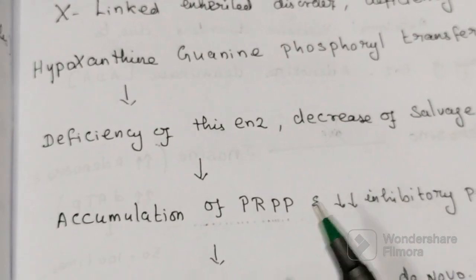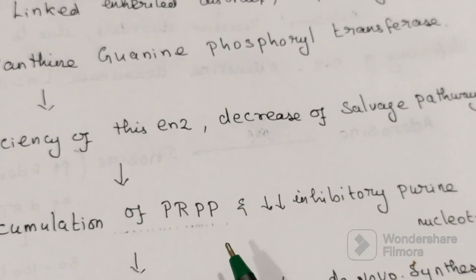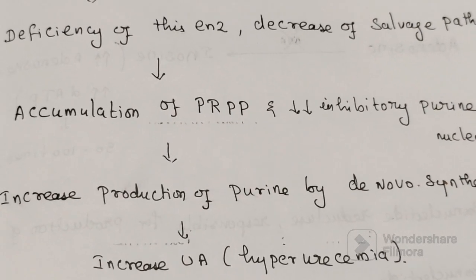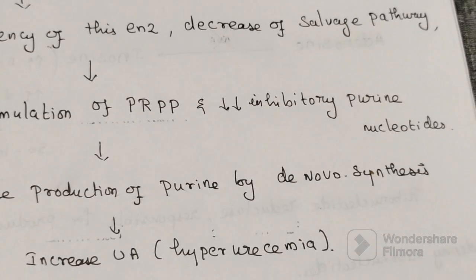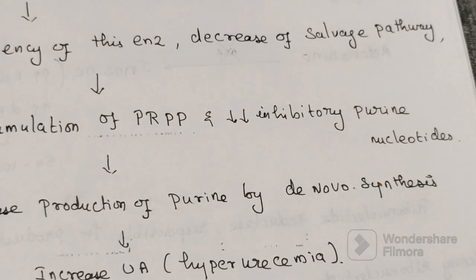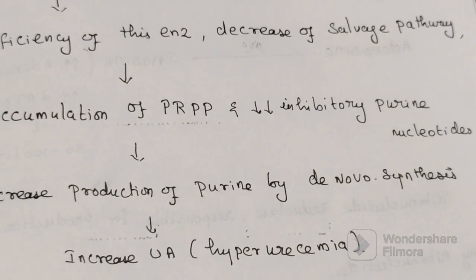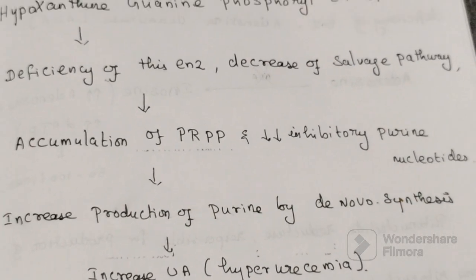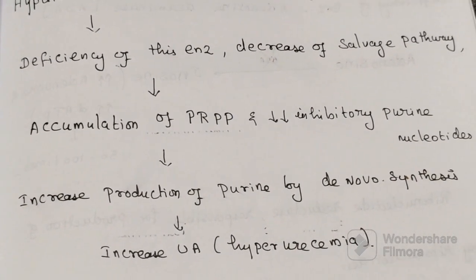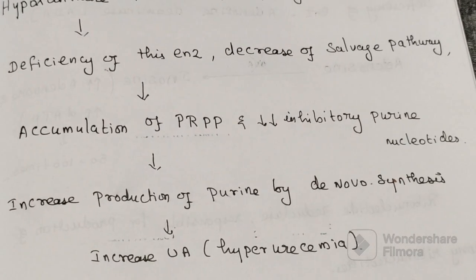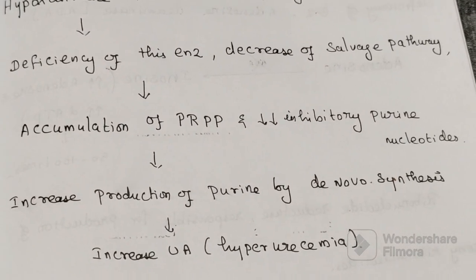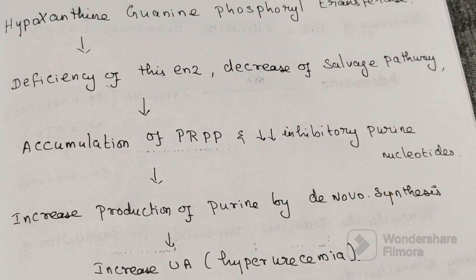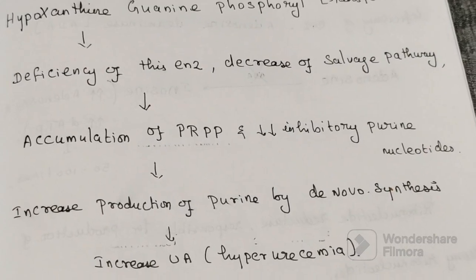So there is accumulation of PRPP as well as decreased inhibitory purine nucleotide. Decreased inhibition leads to increased production of purine by de novo synthesis. So there is increased uric acid level, hyperuricemia.